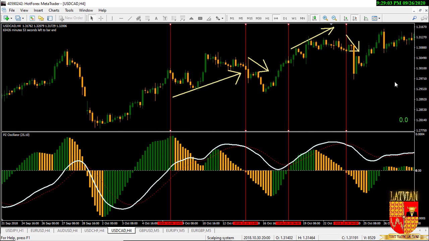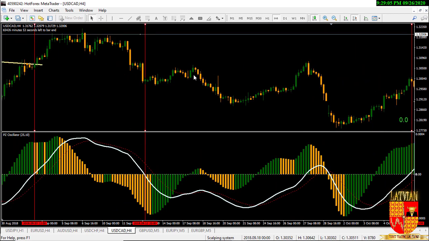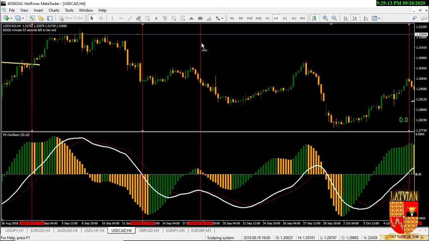So when you've got a bearish move like this downtrend during this period, whenever you've got these histograms going above the zero line, like they did right there, then you can say that we've got a retracement within a downtrend.